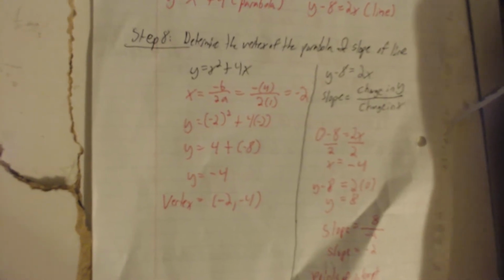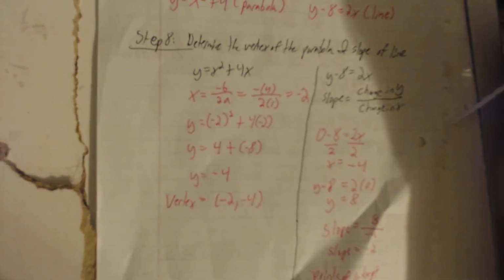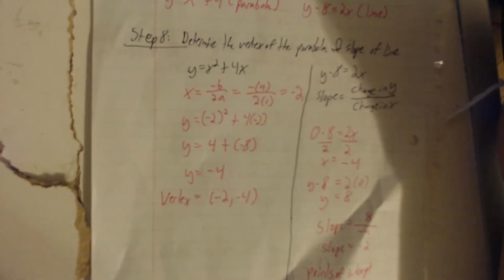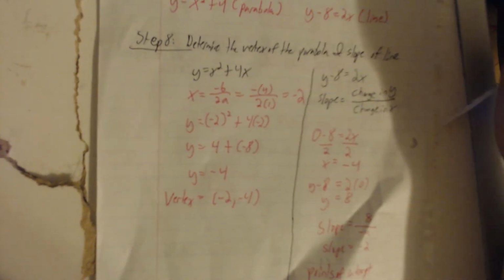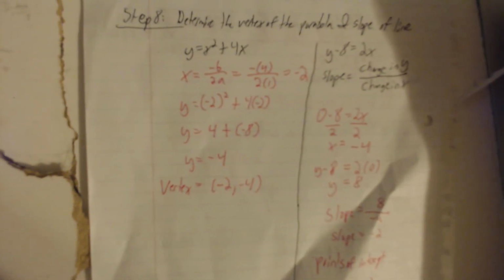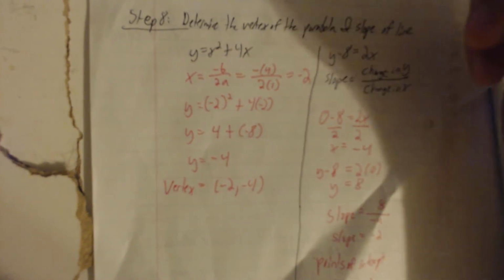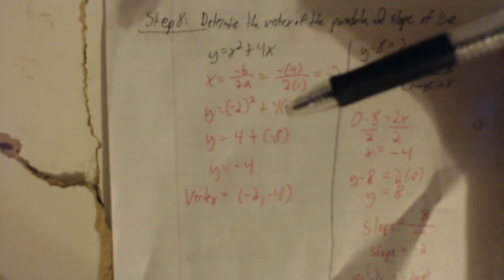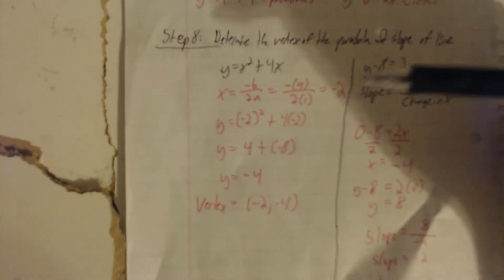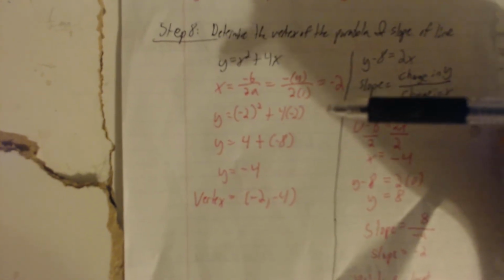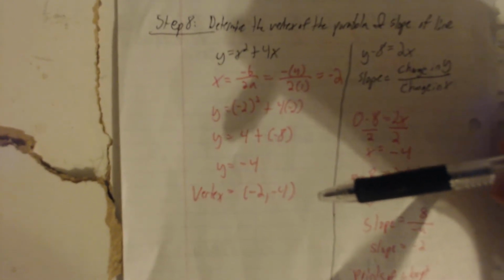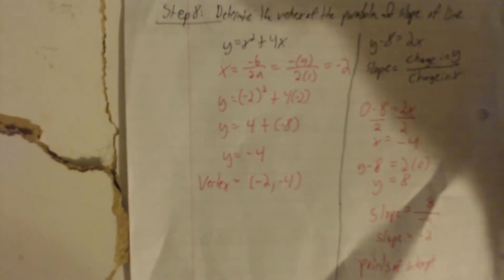So from there, we can just simply determine the vertex of the parabola and the slope of the line. And that's fairly simple. That's pre-calc 1, I believe. But right here, you can see the formula that we go through, and that'll give us our vertex. So that's for the parabola, the very bottom, or it could be the very top.